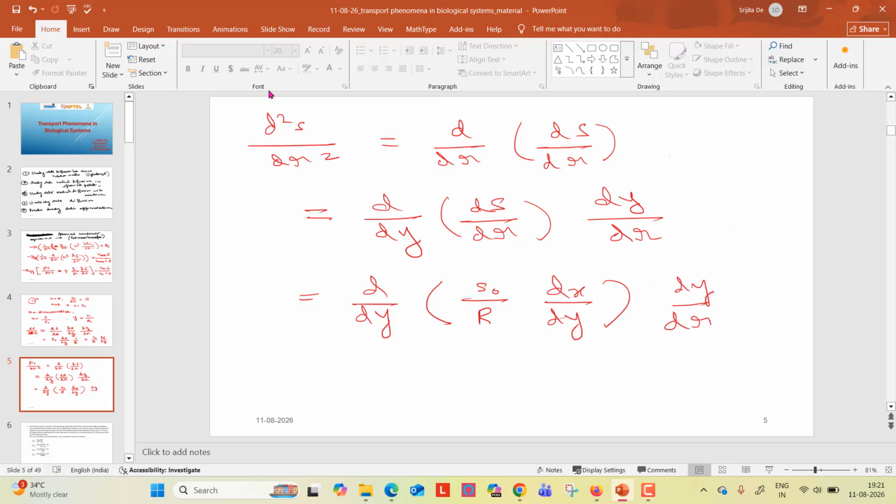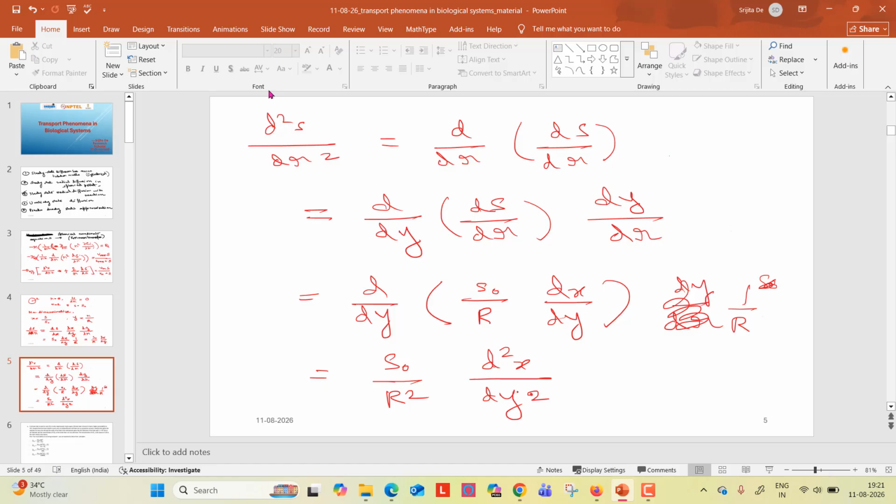Now as you can see, dy/dr already has a value, which is 1 by r. So s0 by r and 1 by r, the constant, will be s0 by r squared, and this will be simply d²x/dy². Any confusion?